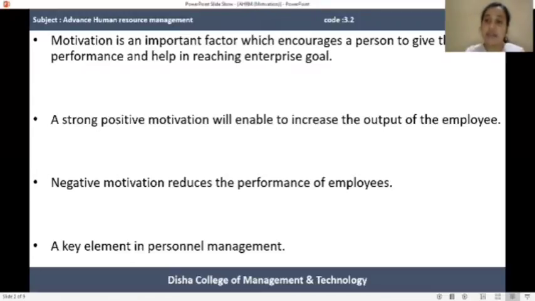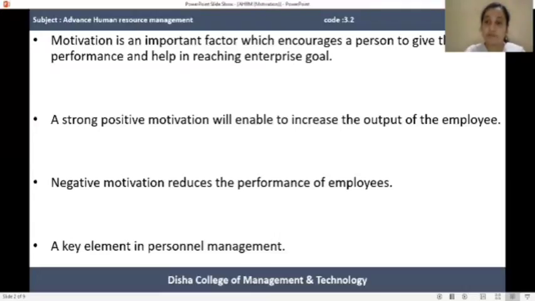If the employees of the organization are negatively motivated, they do their job fearfully or forcefully. If the organization wants to achieve the task from negatively motivated employees, they have to get the performance of the task forcefully, by fear.